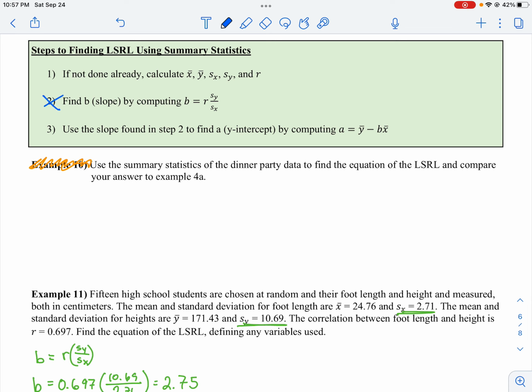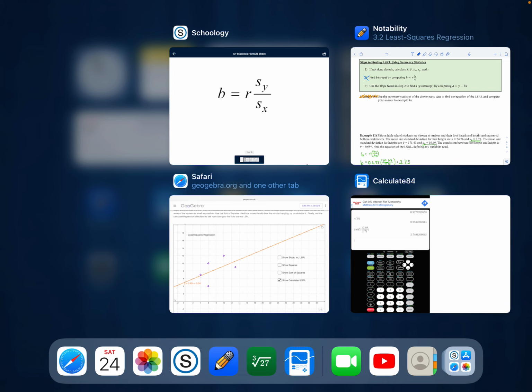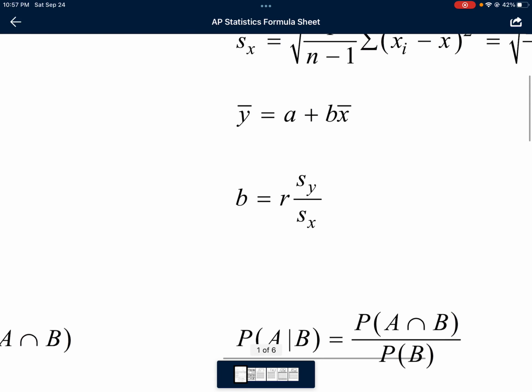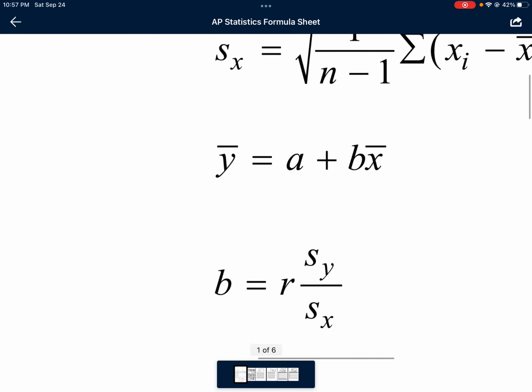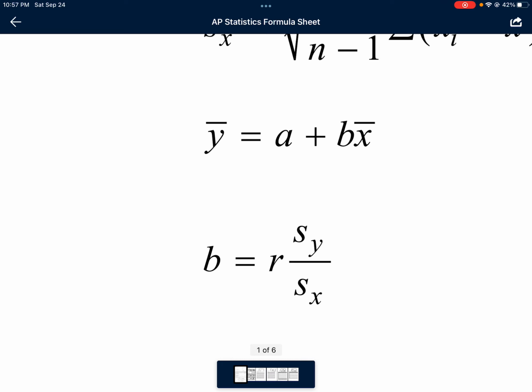Now, use the slope found in step 2 to find A, which is our y-intercept, by computing A equal to y bar minus B times x bar. Once again, a variation of that is on your formula sheet, right above the slope: y bar equals A plus B times x bar. All we did here was subtract the term of b x bar from both sides to isolate A. That gives us our y-intercept.